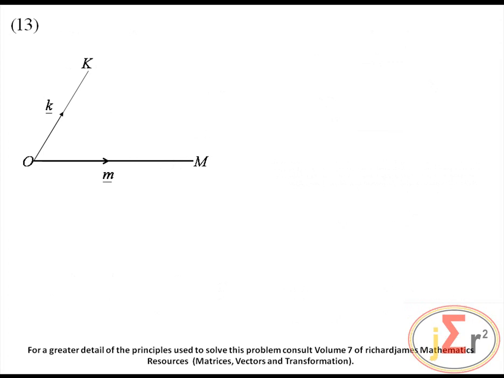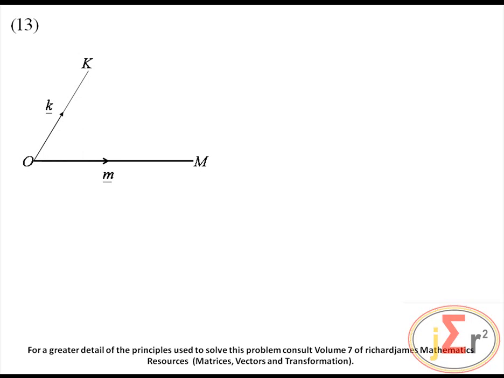OK and OM are position vectors such that OK is equal to K and OM is equal to M, as we have them right there. So sketch a diagram showing the approximate positions of points R and S such that R is the midpoint of OK, S is the midpoint of OM, okay?